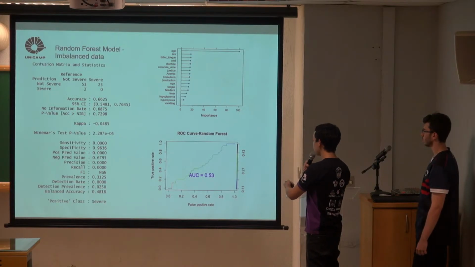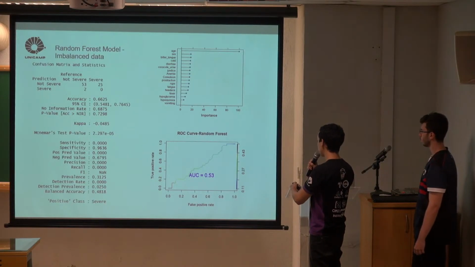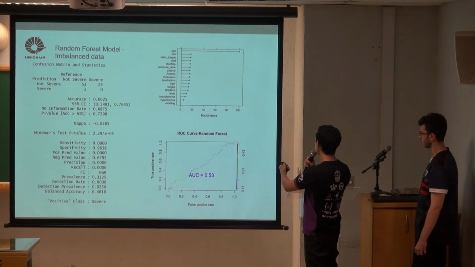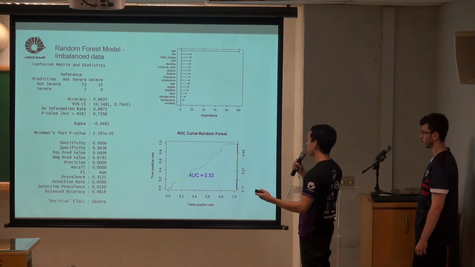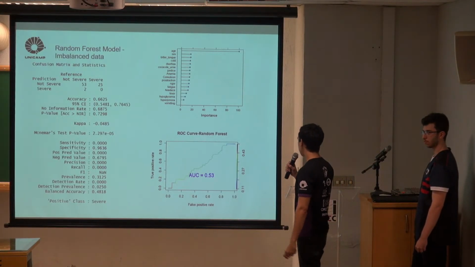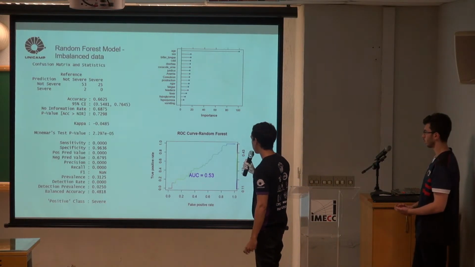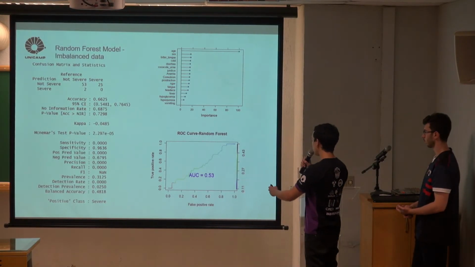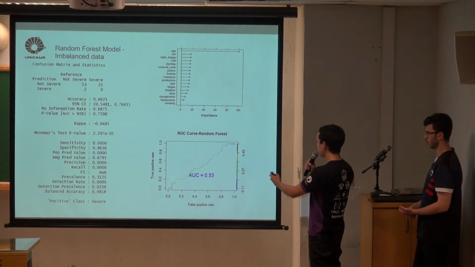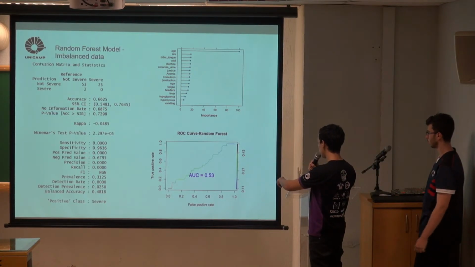In this model, we could do the ROC curve of the random forest. In the other ones, we couldn't. And the interpretation here is that we have the relationship between true positive rate and false positive rate.